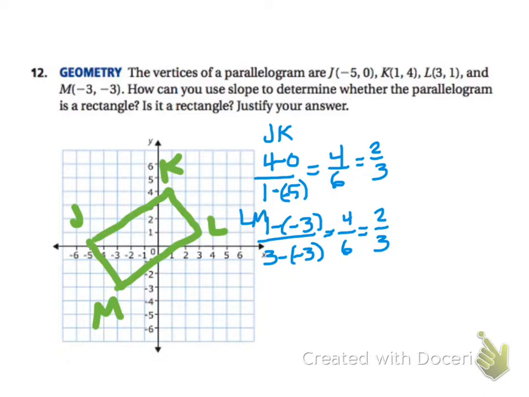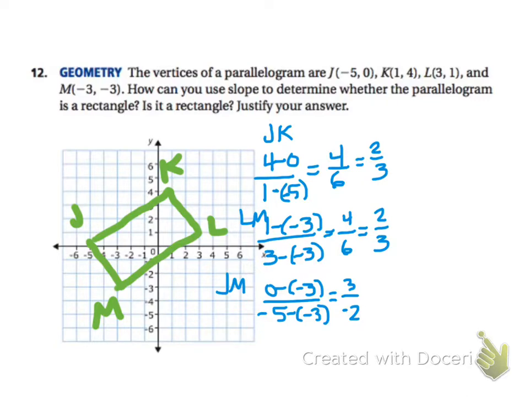Then I can test JM, and the coordinates are, for the change in y, 0 minus the negative 3, the change in x, negative 5 minus the negative 3, so we would have 3 over negative 2.